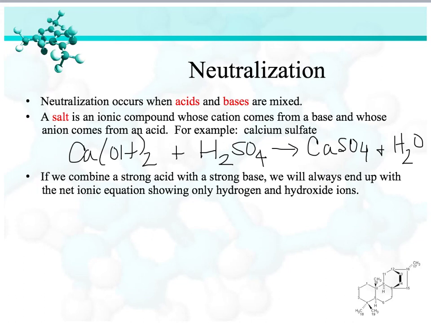If we combine a strong acid with a strong base, we're always going to end up with the net ionic equation showing only hydrogen ions and hydroxide ions. And so you can see that from the first equation. If we balanced this, we would need a 2 over here in front of the water. And so then you'd end up with 2 waters.